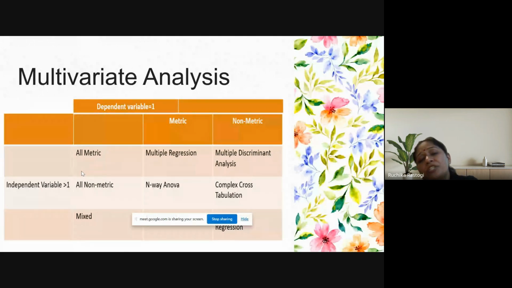Confirmatory factor analysis is not so required, but structural equation modeling is required, because without running it, we will not be able to understand the relationship between the variables, especially when the dependent variable is more than one. So we have seen this up to this extent in multivariate analysis.